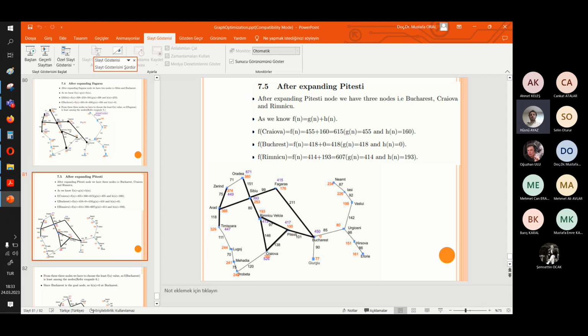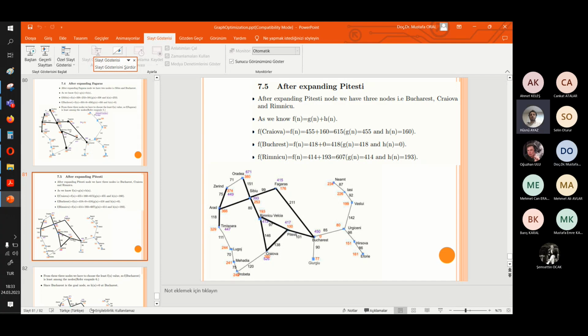Önemli olan da bu zaten, sonlandırma kriterimiz bu. Bükreş'e ulaştığımız değerden daha düşük bir Fn değerine sahip açık node varsa algoritma dönmeye devam edecek, ta ki bütün açık nodların Fn cost değerleri Bükreş'e ulaştığımız o değerden daha büyük olana kadar.